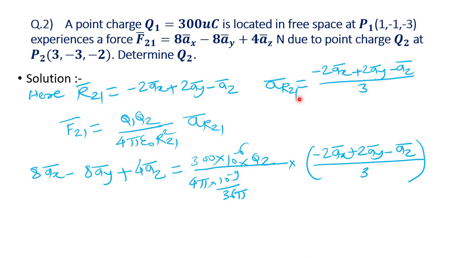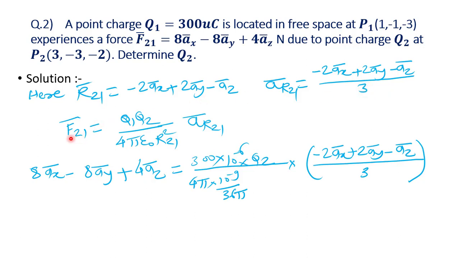Then we'll calculate the unit vector aR21. So it is minus 2ax bar plus 2ay bar minus az bar divided by square root of 2 square plus 2 square plus 1 square. So it is square root of 9, so this answer comes as 3.